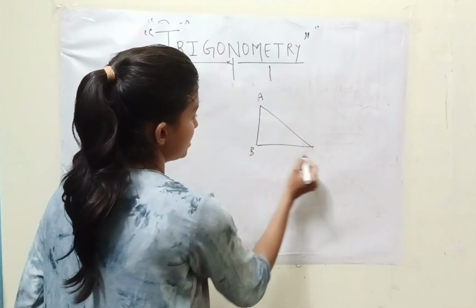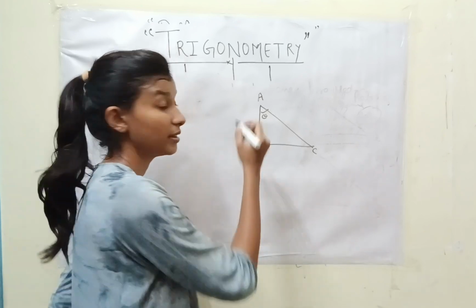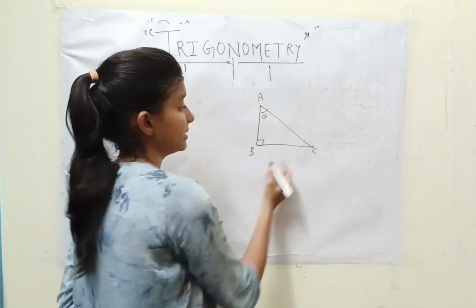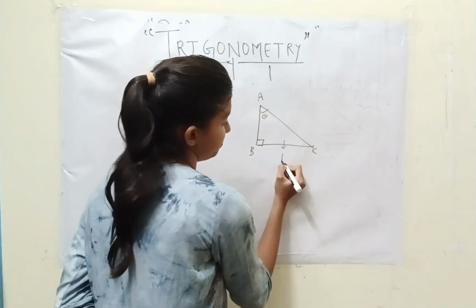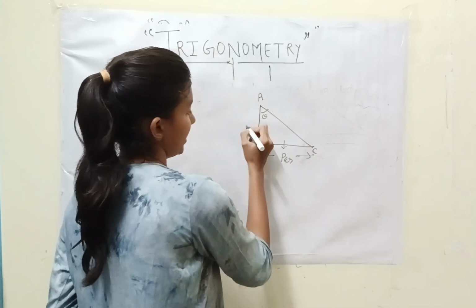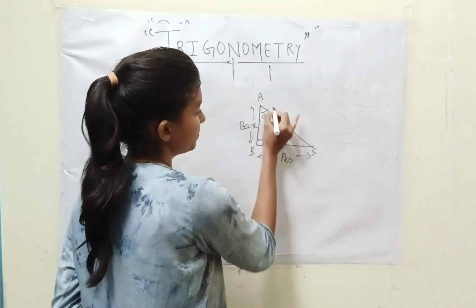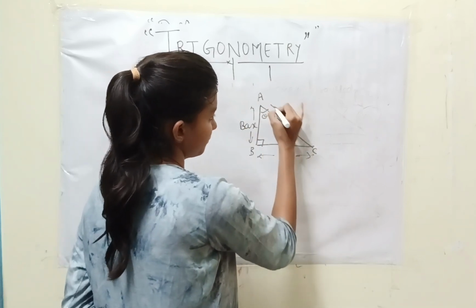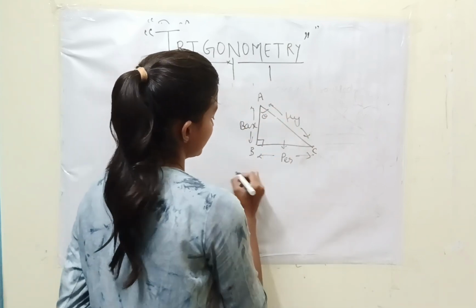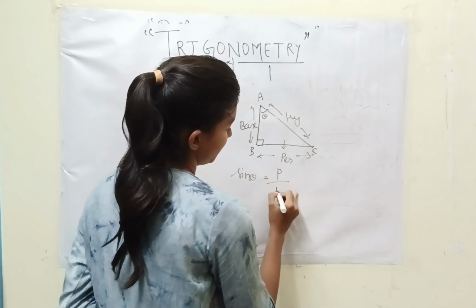A, B, C. If I take this as theta, then the perpendicular will be considered BC. The side BC is perpendicular and the side AB will be base. The hypotenuse is always the biggest side. In this case, sin theta will be perpendicular upon hypotenuse.